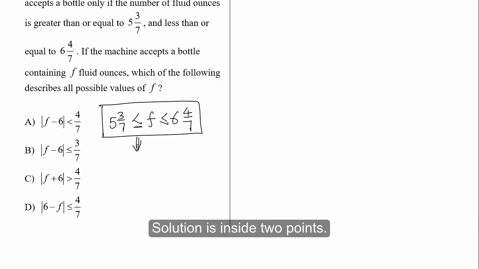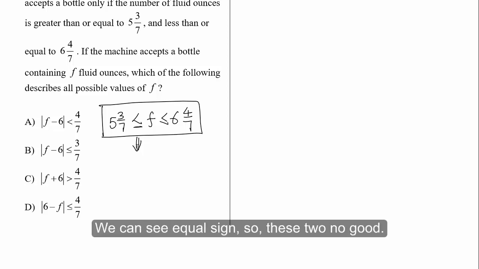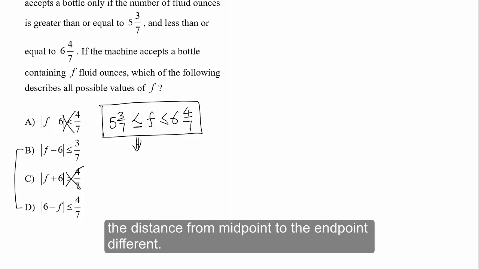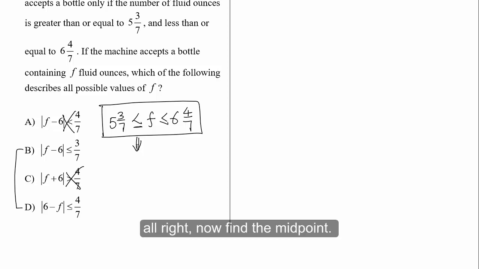The solution is inside the 2 points. So we can see less than, right? Okay, we have 2 choices, B and D. So the distance from the midpoint to the endpoint is different. So all right, now find the midpoint.